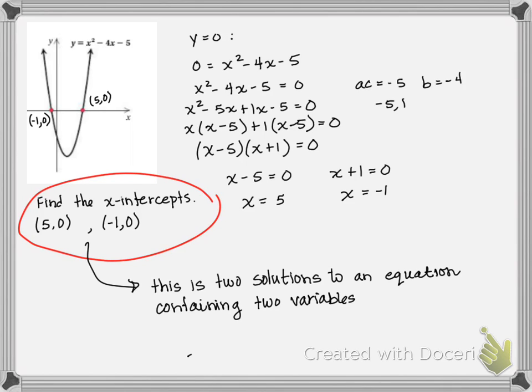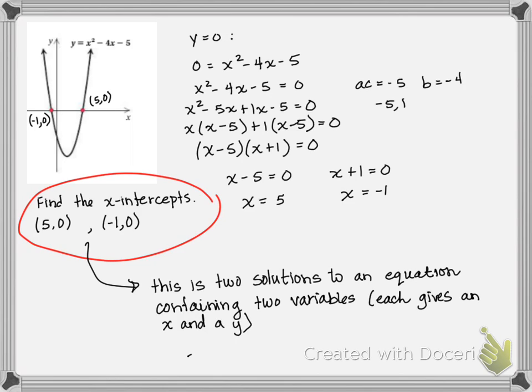Each solution, each of those ordered pairs gives me an x value and a y value. So one solution to y equals x squared minus 4x minus 5 is x equals 5 and y equals 0. Another solution to that equation is x equals -1 and y equals 0.